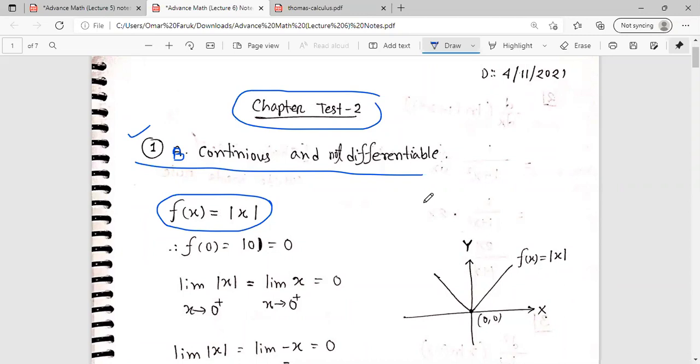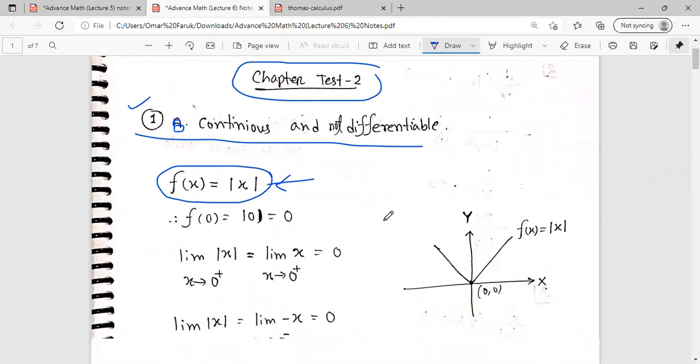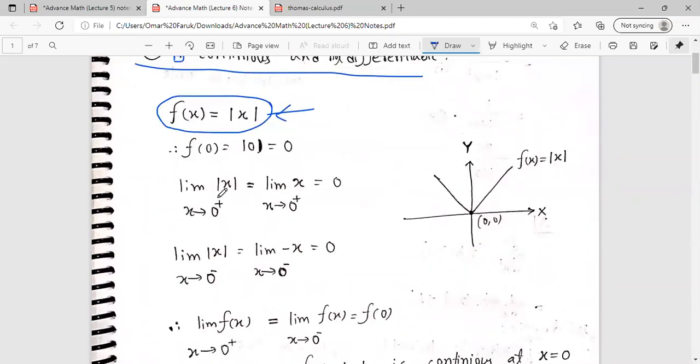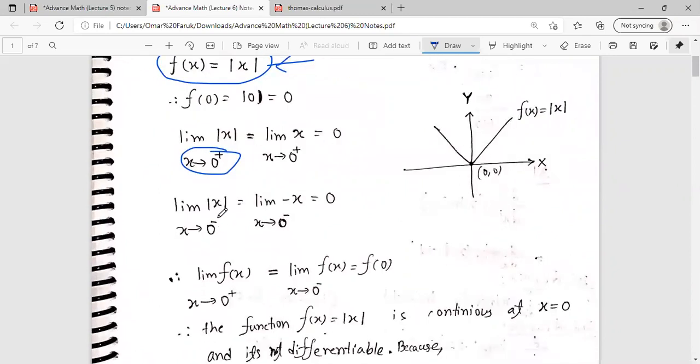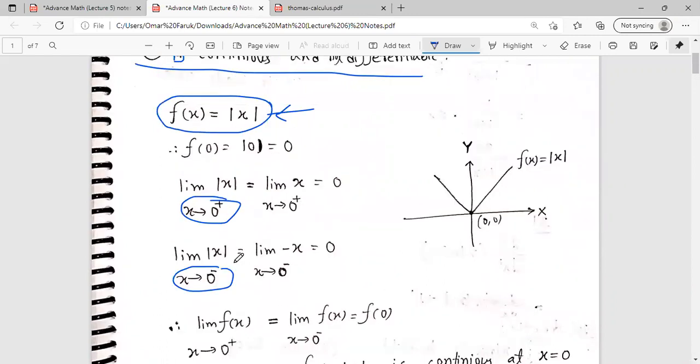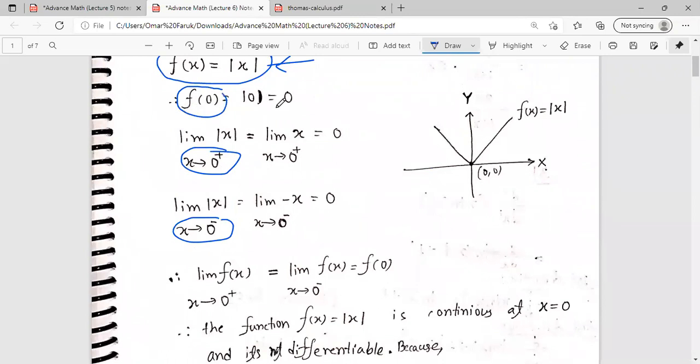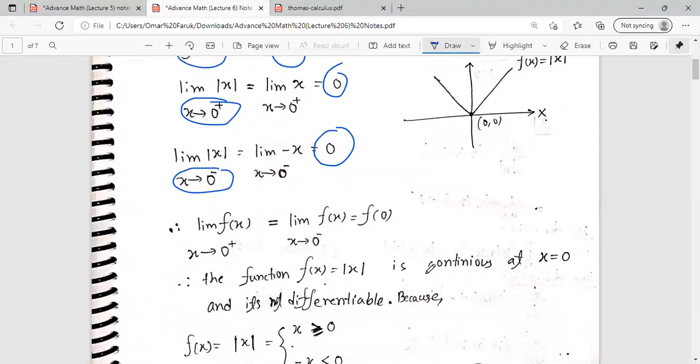Okay. So to calculate the continuity and differentiability, we have to find two things. Firstly, left hand limit and right hand limit, and the f of x value. If the three values are the same, then this function is continuous.